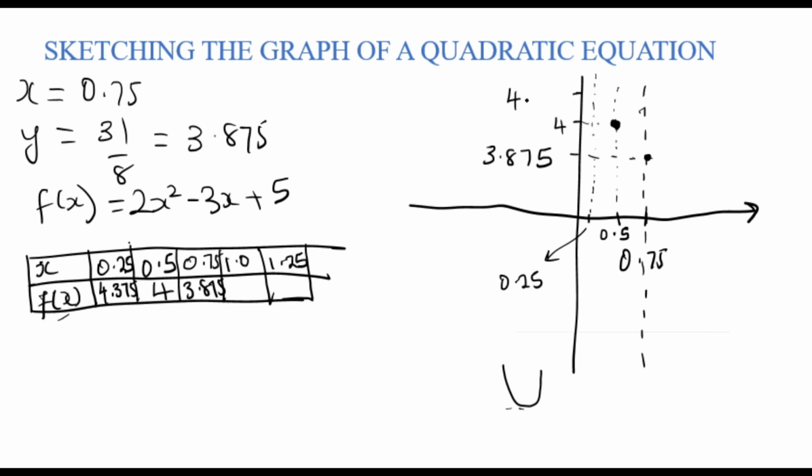Let's just call this 4.375. So the intersecting point, and then we draw. So this is just the first half.